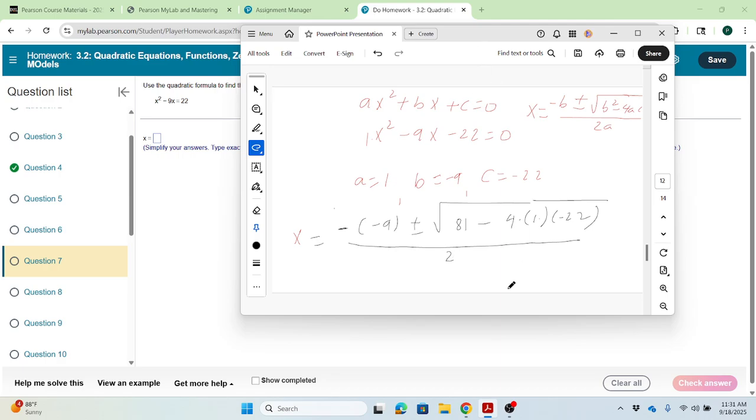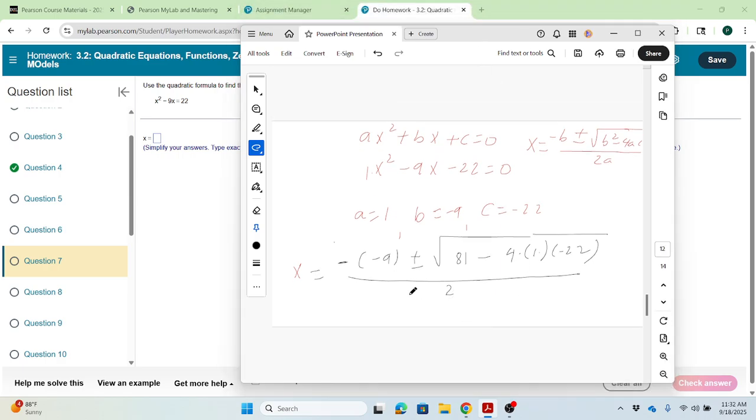So we have to simplify this here. Negative times negative is positive, plus and minus.